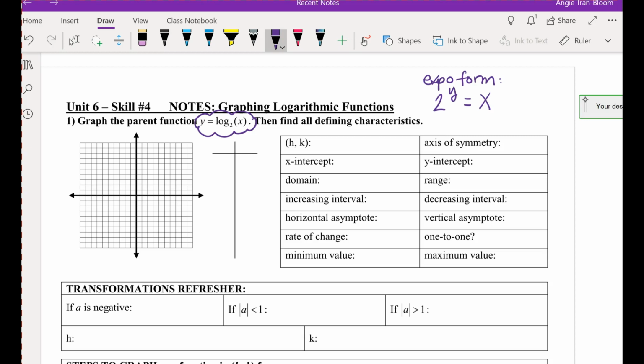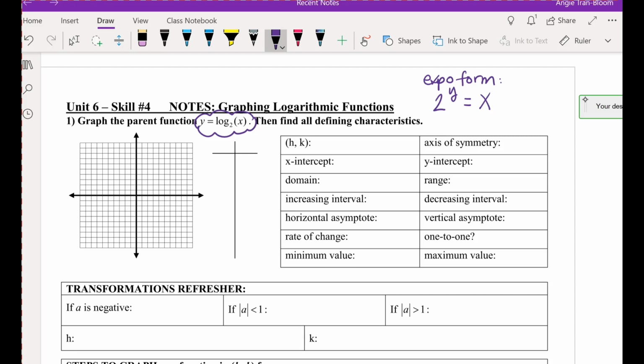Now look at your exponential form. What's the input and what's the output here? Which one's the independent, x or y?